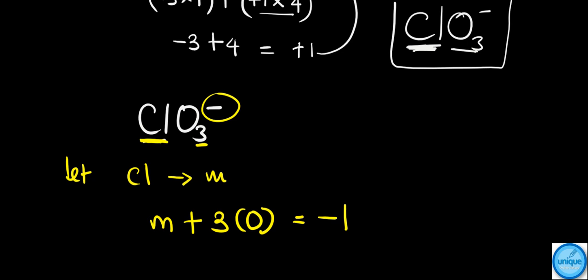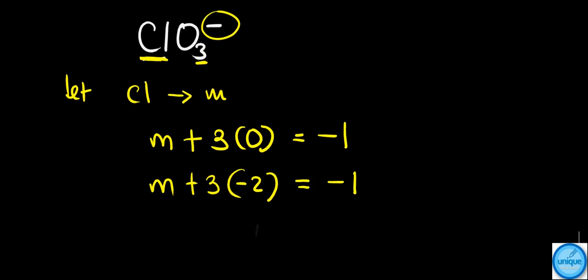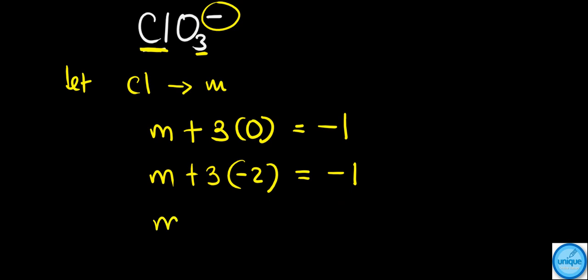What we do is put M here, then plus 3 oxygen, whose oxidation number is -2, and here the answer gives us -1. Then we have M, the product of plus 3 and -2, which gives -6. You see, and here we have -1.